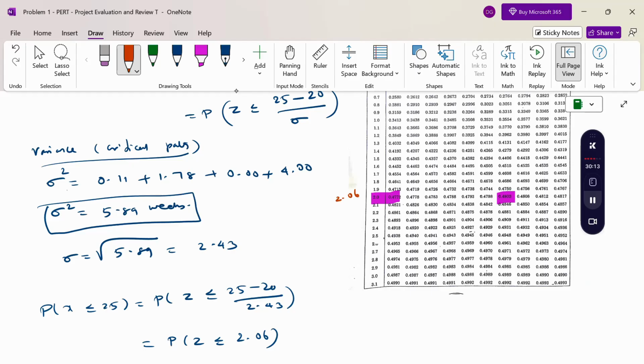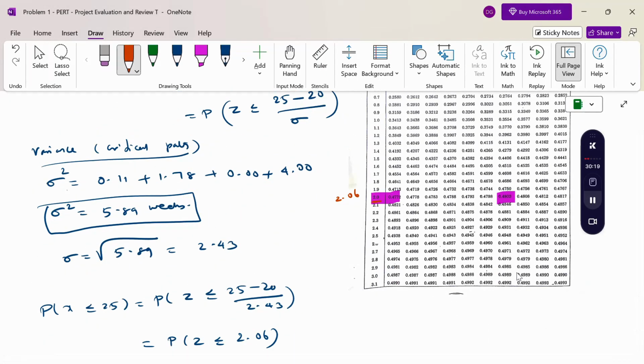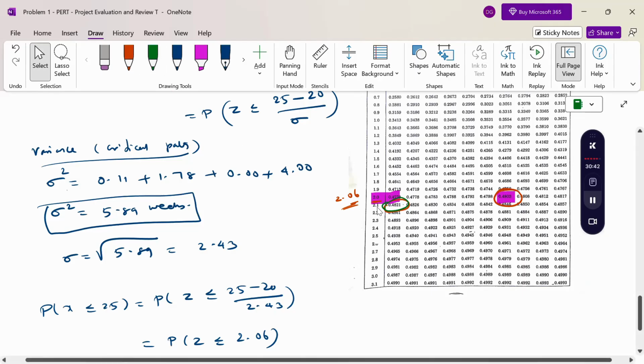So 2.06 means the 2.0 row and the 6 column. If you round off to 2.1, we choose the next value, 0.4821. So for 2.06 it is 0.4803.